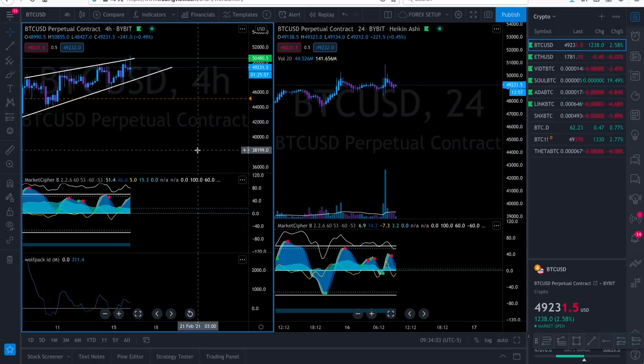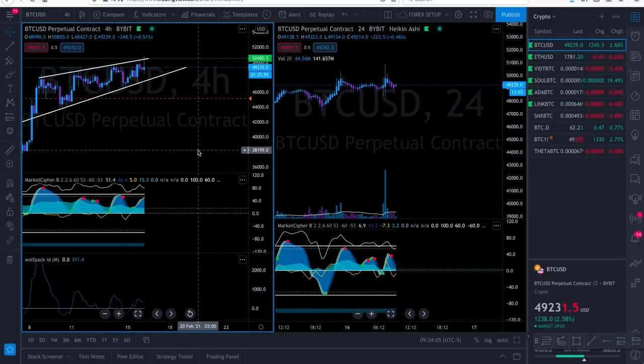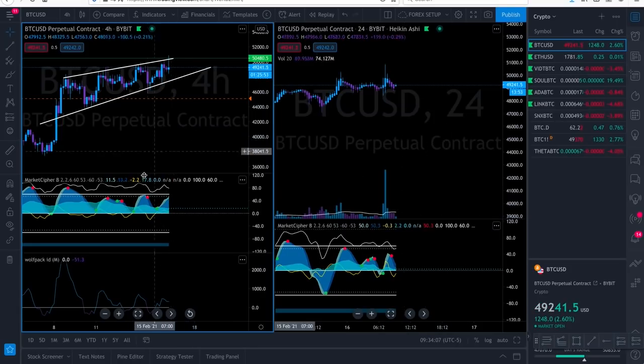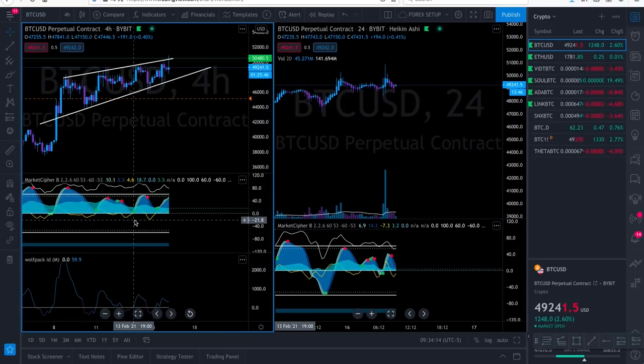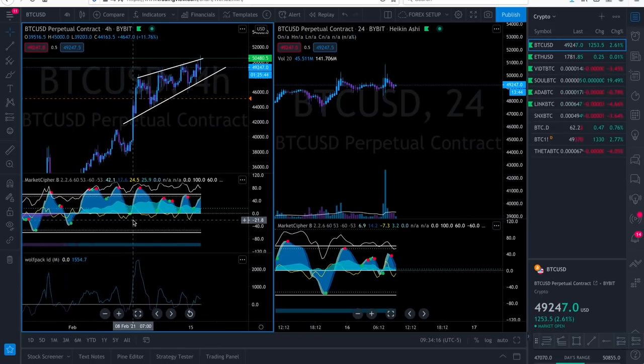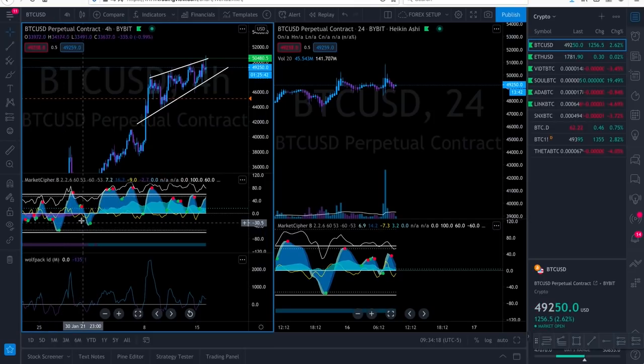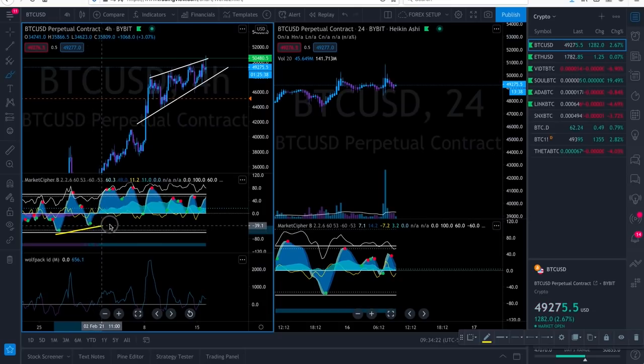So these are the things I am going to look at before I decide what I am going to do on the 24-minute. Now, according to my strategy, what I'm looking for on the 4-hour is a green trigger wave. Okay, I'm not just looking for a green dot. I'm looking for a trigger wave, meaning there's already been a larger wave in the past, and I'm watching as the momentum is moving upwards in the direction that I want.